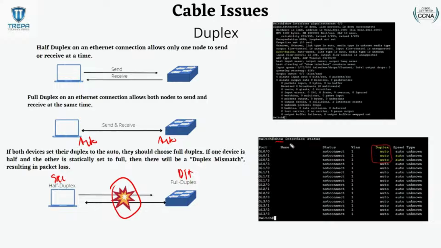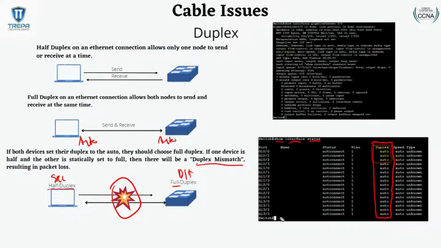If we look at this command here, show interface status, we can also see what the actual interface is set to, and as you can see here, this duplex is set to auto. If for some reason the NIC on this computer is setting itself to half and this switch's interface is statically set to full, we're going to have collisions there, or what we call a duplex mismatch.